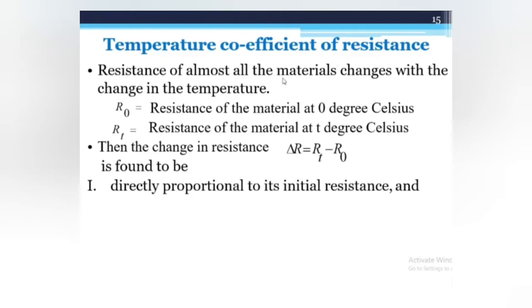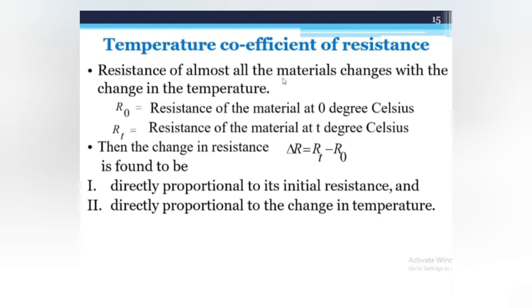It is directly proportional to the initial resistance and also directly proportional to the change in temperature. So del R is proportional to R0 into T. Putting the value of del R, we get RT minus R0 is proportional to R0 T.